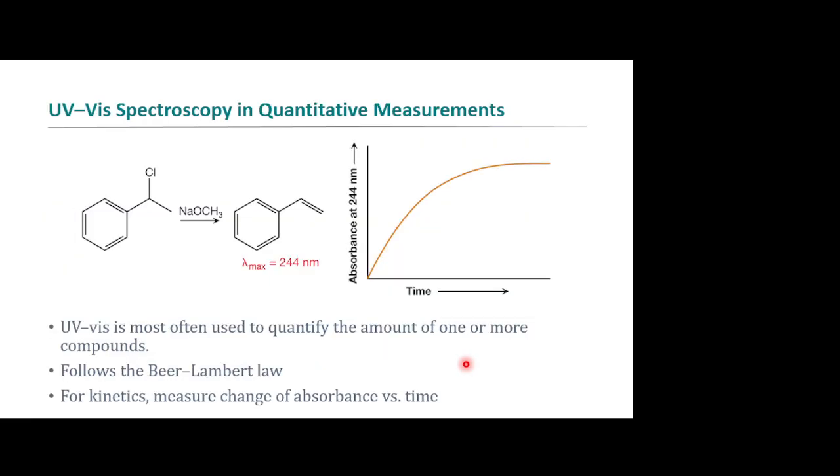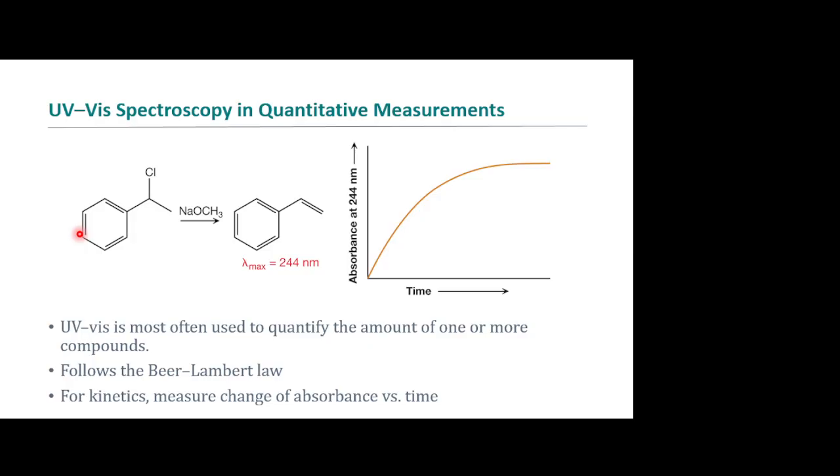Okay, so UV-vis, again, in quantitative measurements. This one right here would be the absorbance at 244 nanometers versus time when we'd be looking at this reaction right here. We're trying to figure out, hey, when is our reaction complete?